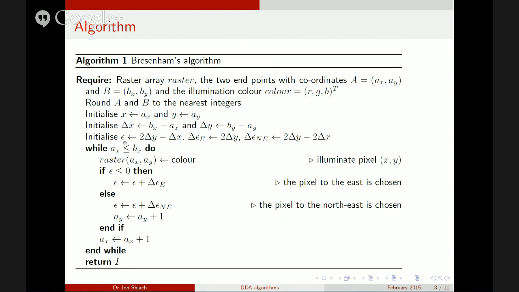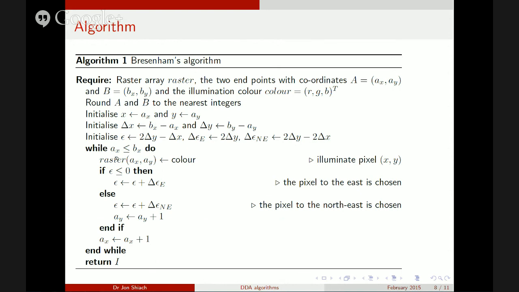Our error is 2 delta y minus delta x, which we just derived. The change in error if we went to the east pixel was 2 delta y, and if we went to the northeast pixel it was 2 delta y minus delta x. That's all pre-calculated, and these are all integers.